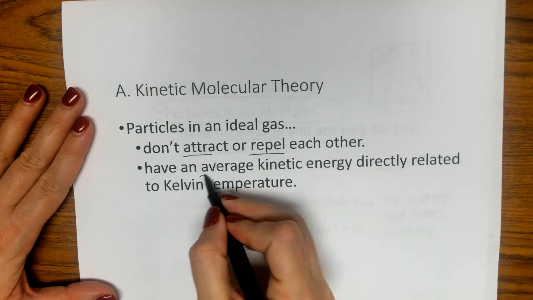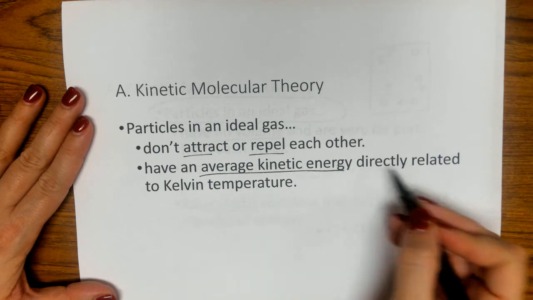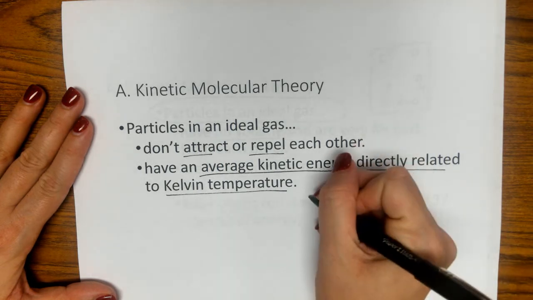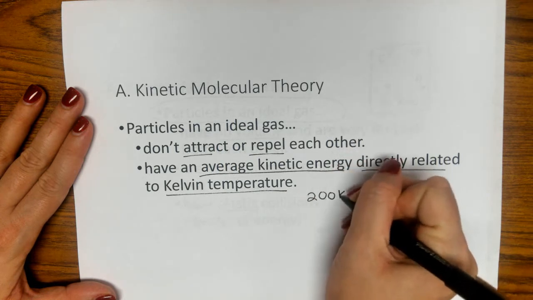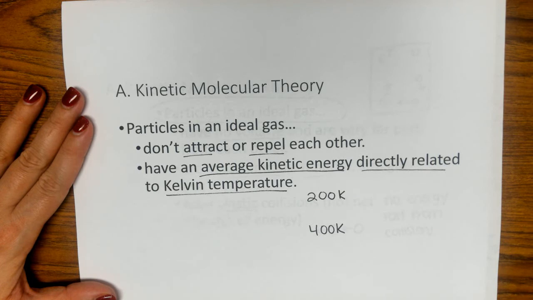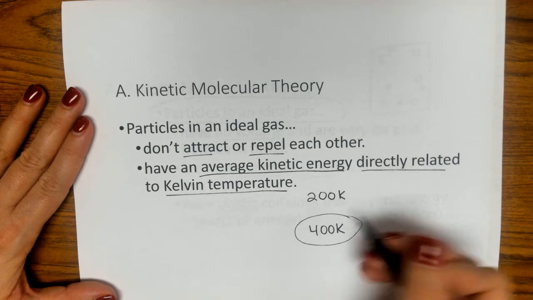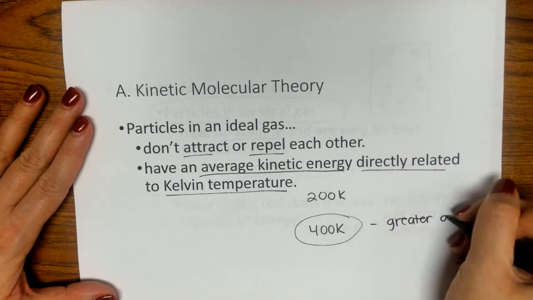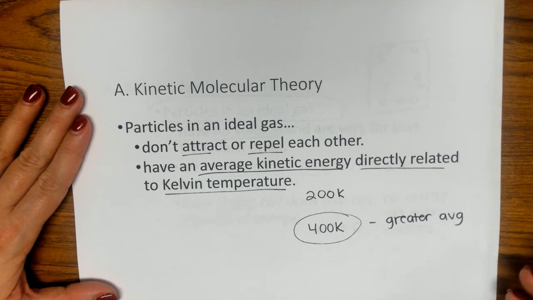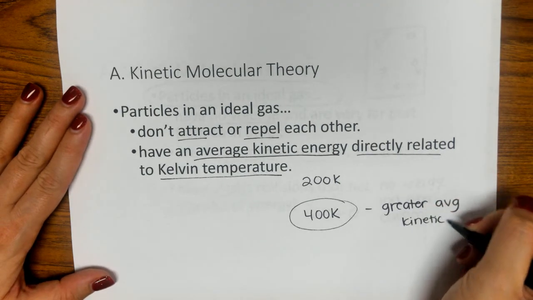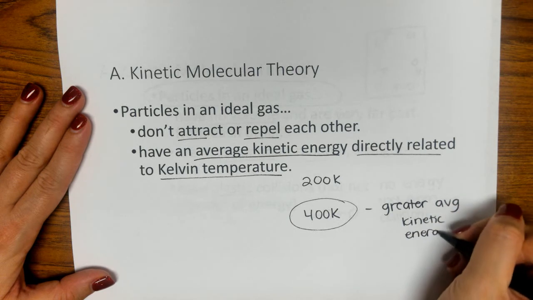And their average kinetic energy is directly related to their temperature. So let's say you have a gas at 200 Kelvin and a gas at 400 Kelvin. Which one's going to have the greater kinetic energy? It'd be the 400 Kelvin one. And we should say average kinetic energy. And I hope you know by now that kinetic energy is the energy of motion.